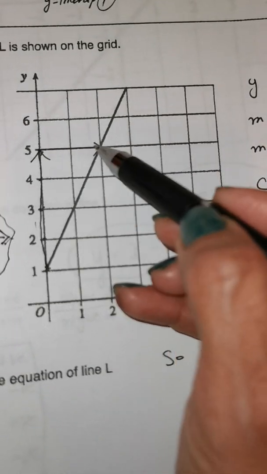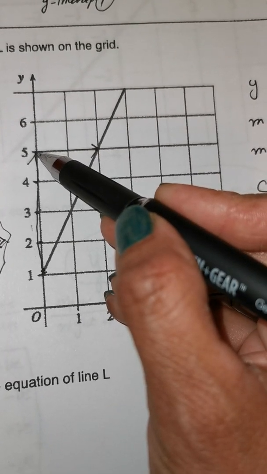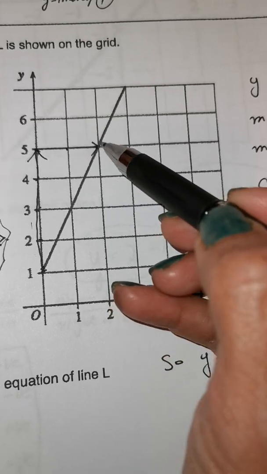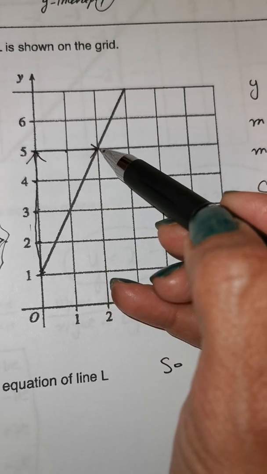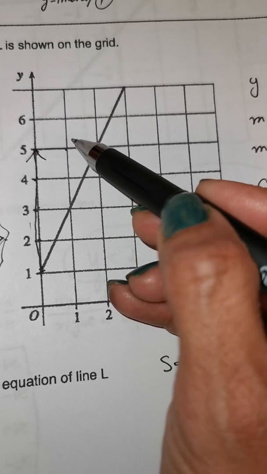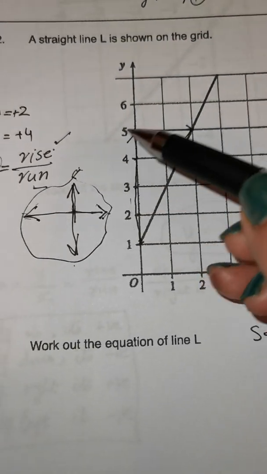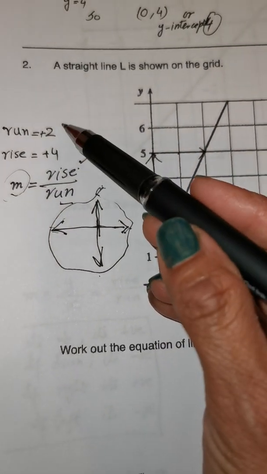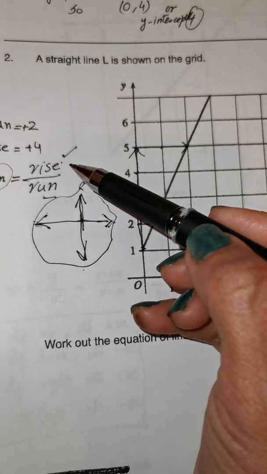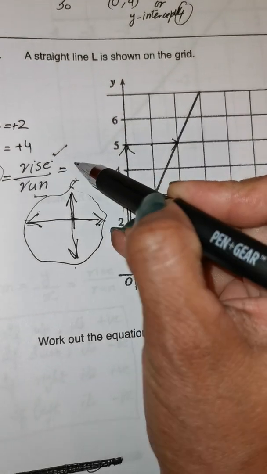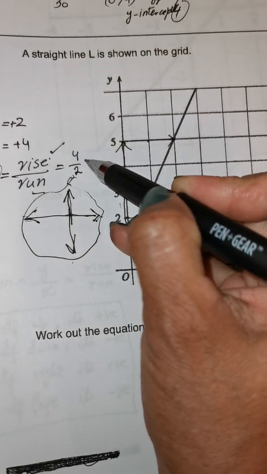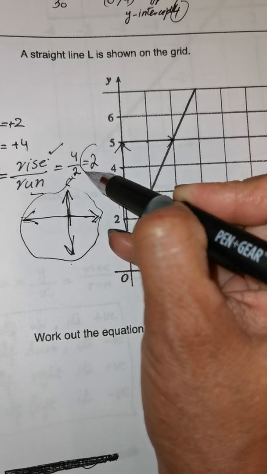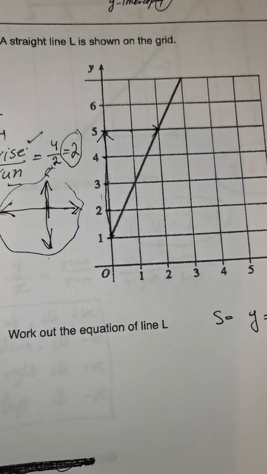So you are going to the right hand side, and here we are doing steps 1 and 2, so it will be positive 2. So rise and run will be positive 4 and positive 2. I put their values, positive 4 over positive 2, and it will give me the value 2. So my slope will be 2.